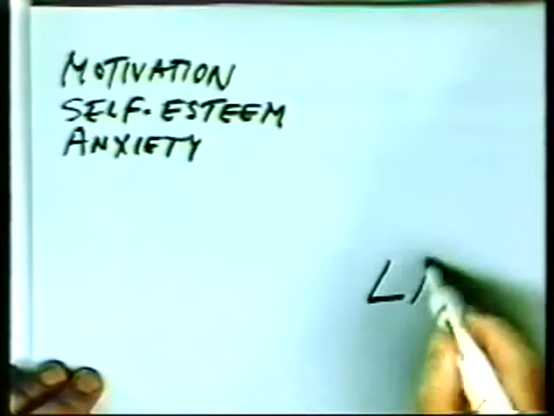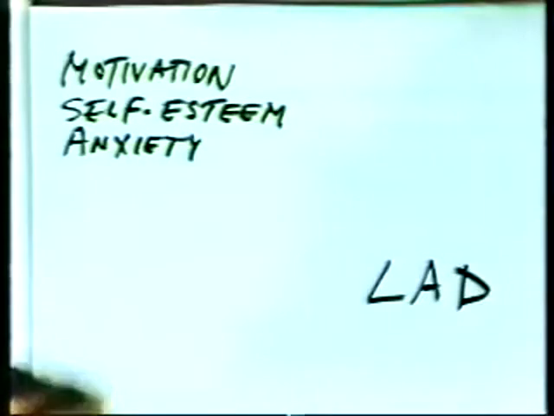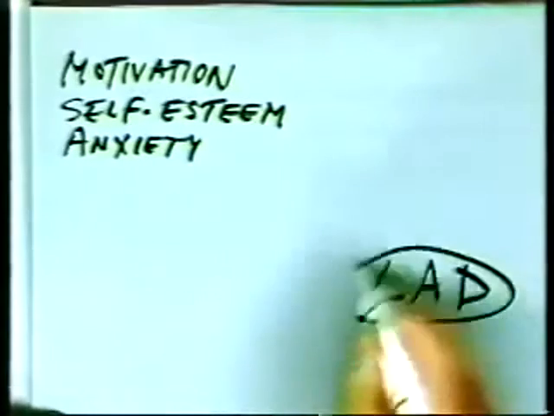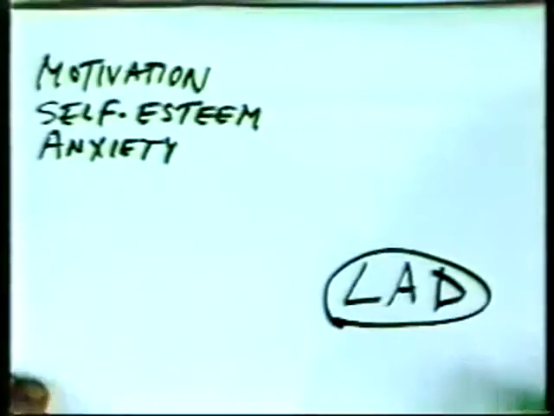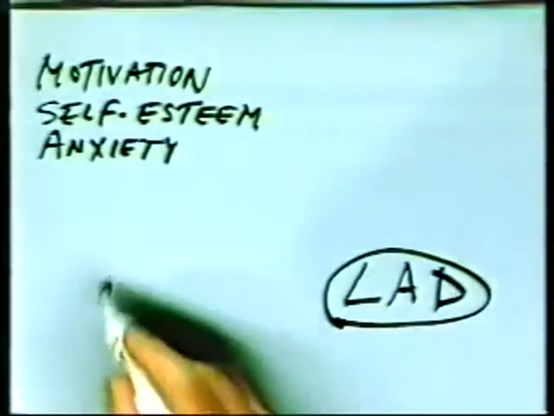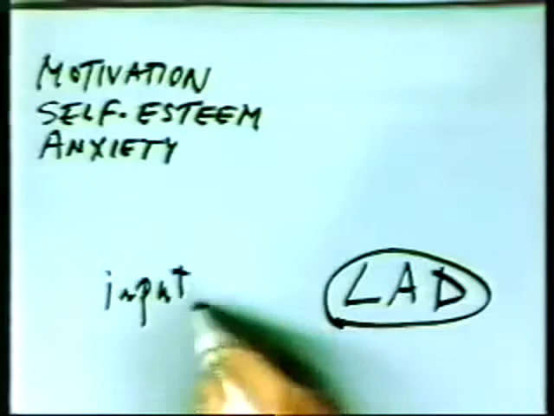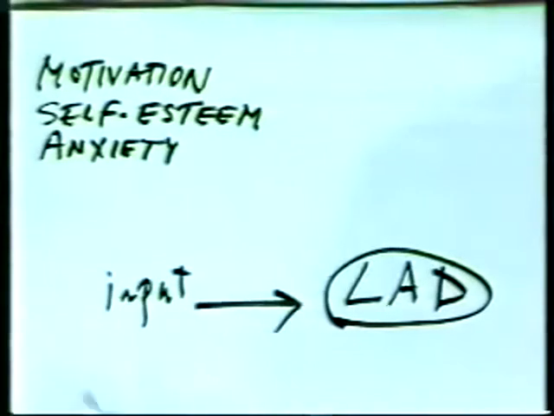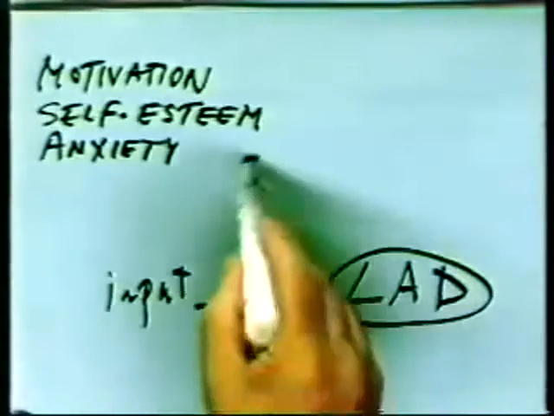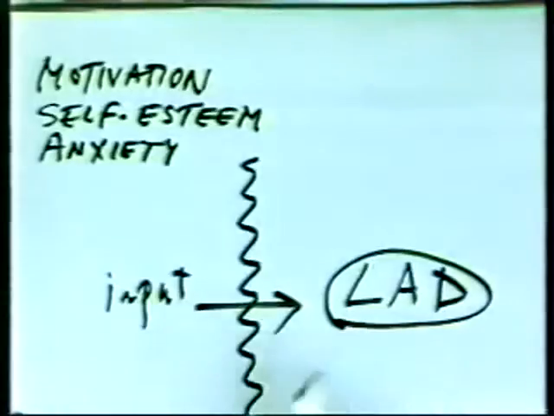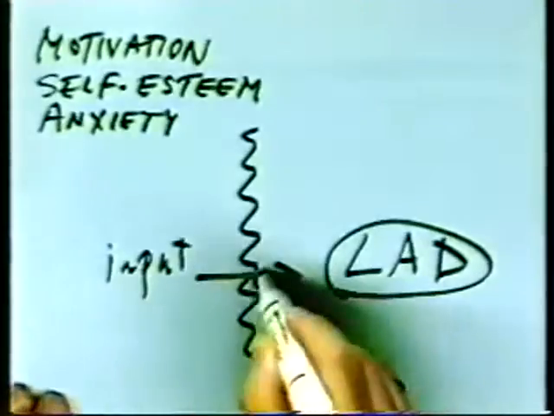Here's how it works. Somewhere in the brain, Chomsky tells us, is a language acquisition device. Our job is to get input into the device. So that's input here. Low motivation, low self-esteem, high anxiety, the block goes up, the filter goes up, and the input cannot get in.